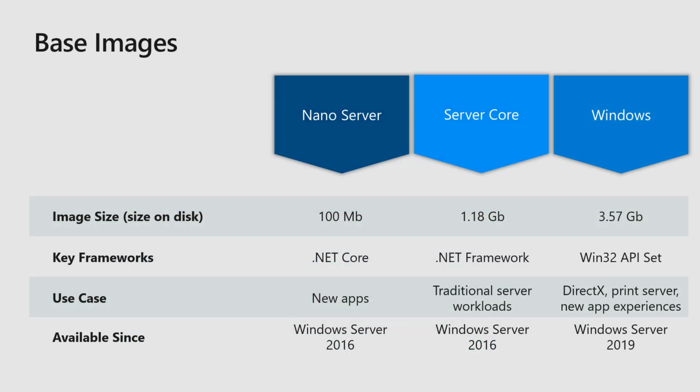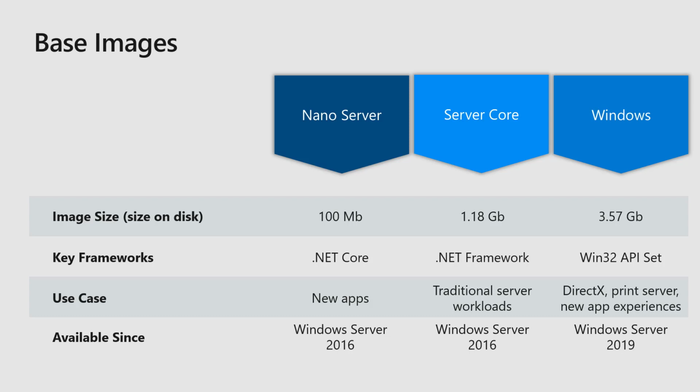Now, let's have a look first at the base images. We offer 3 base images, and you can see here they are different in size because they're also different for certain use cases. Nano Server, for example, is for new apps based on .NET Core. It's a very small image, so the overhead is very, very low.